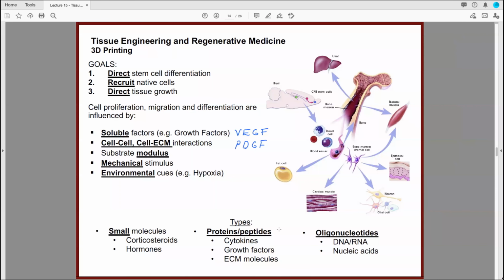They can control those cell proliferation, migration, and differentiation. Then there's also the aspects of the cell-cell interactions and the cell-ECM interactions.